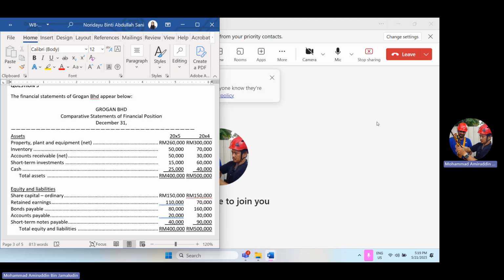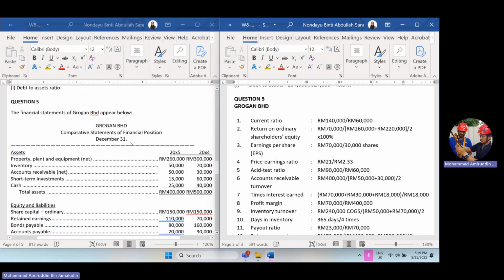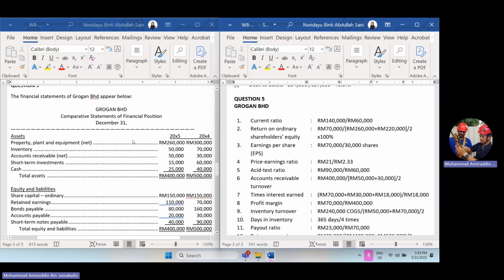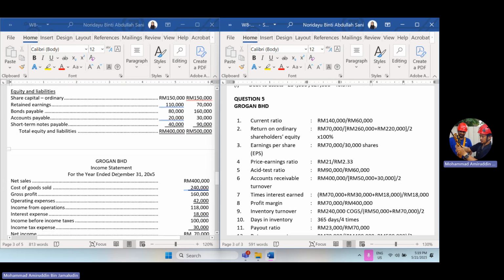Okay, I think we can discuss now question 5. We are provided with the financial statements of a company. It consists of your statement of financial position as well as your statement of P&L. Again, this is a UK book, that's why it's written income statement, equivalent to our SOPL, statement of profit or loss.